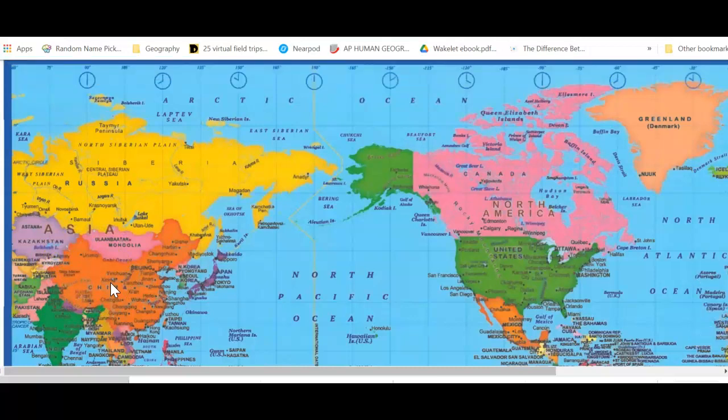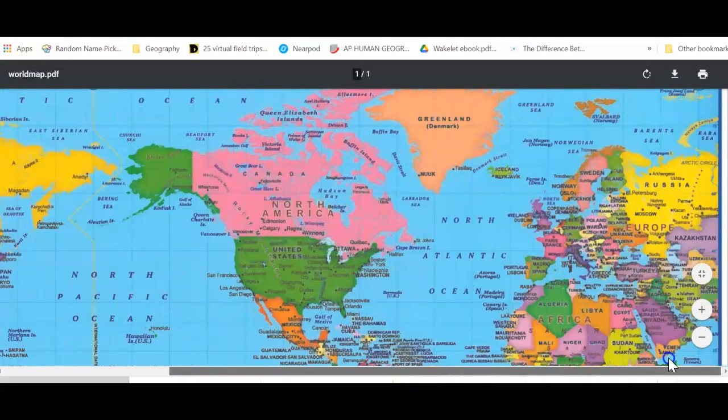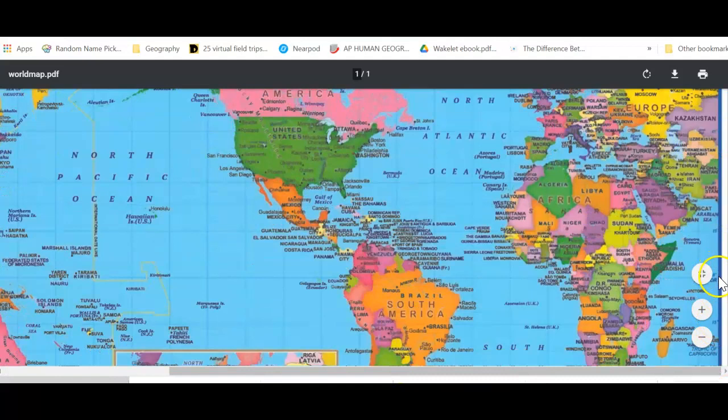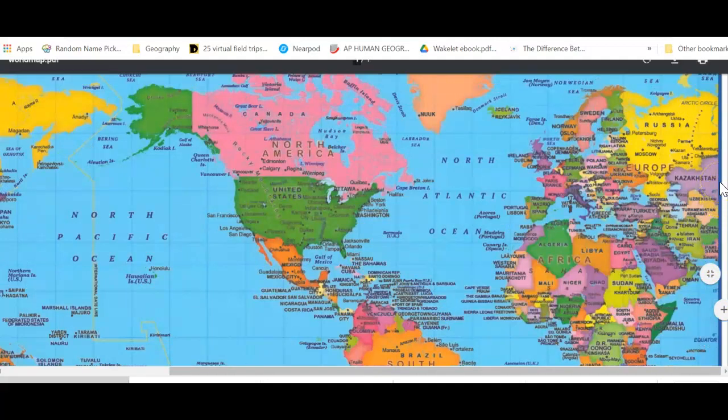All right, our next one, back to the equator. Okay, starting out at my equator. So I'm here at the equator, and I need to go 47 north, and 2 degrees to the east. So 47 north is 15, 30, 45, and 47 would be slightly above it.